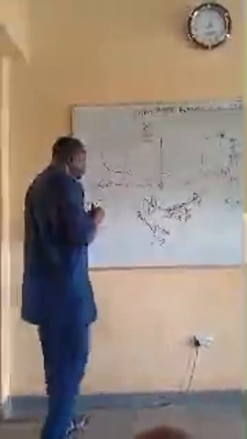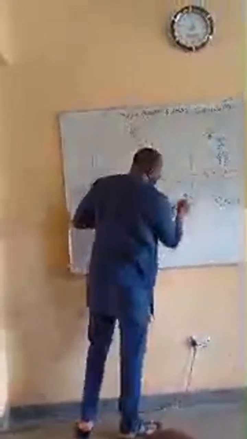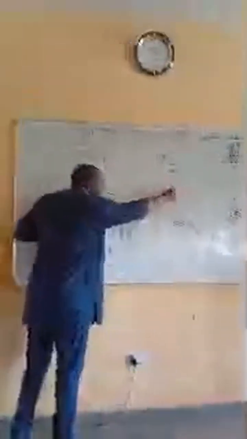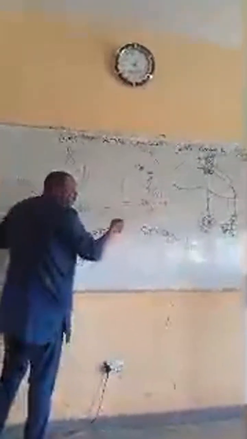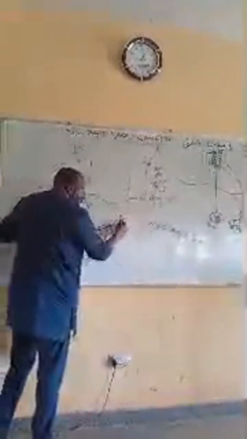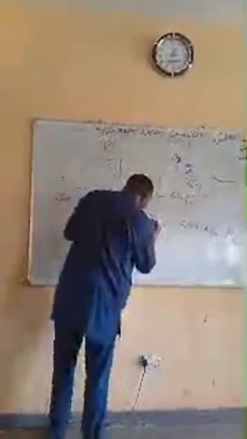So now, this glutamate will result in the generation of EPSP, excitatory postsynaptic potential, which will now stimulate this GABAergic what? Neuron. Are you there? Glutamate will stimulate this GABAergic neuron.